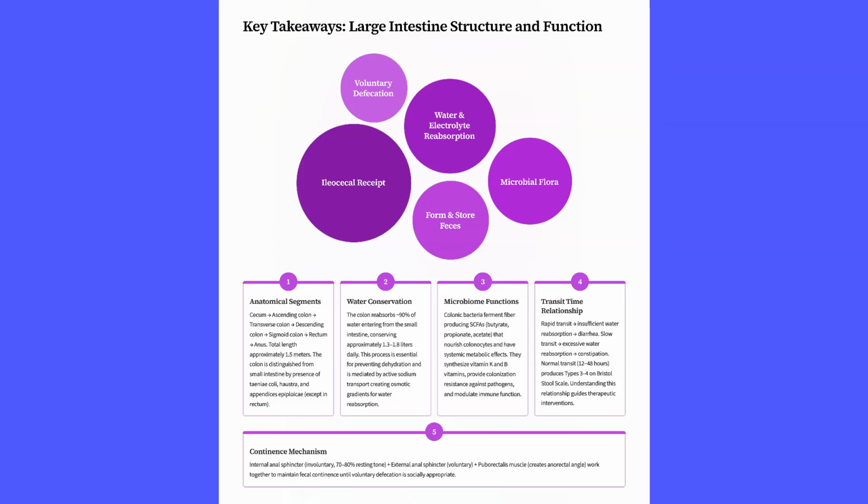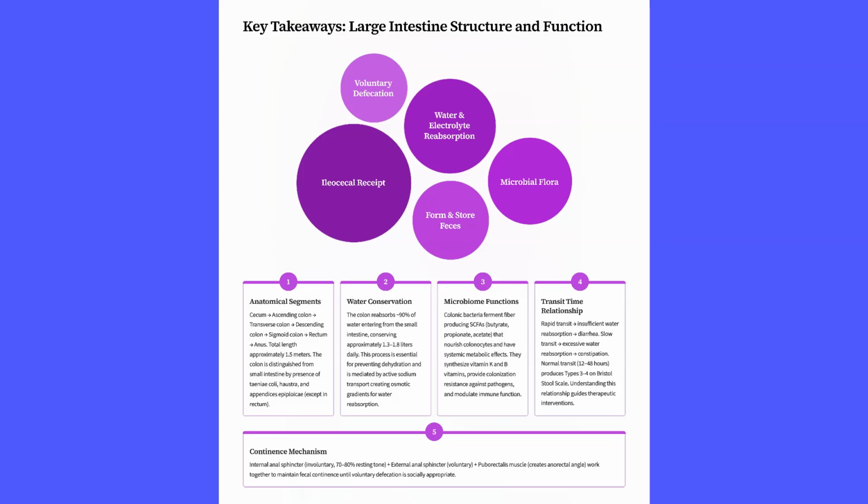Let's review the key takeaways about large intestine structure and function. The large intestine consists of distinct anatomical segments, each with specific functions: the cecum, ascending, transverse, descending, and sigmoid colon, rectum, and anal canal work together in the digestive process. Water conservation is critical, with the colon absorbing 1 to 2 liters of water daily, preventing dehydration.